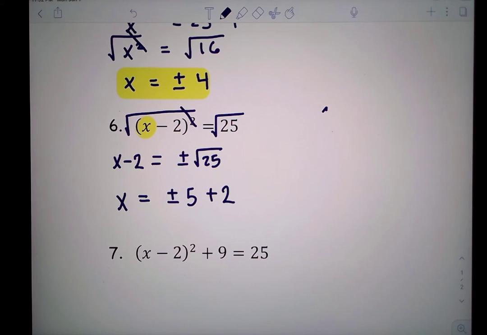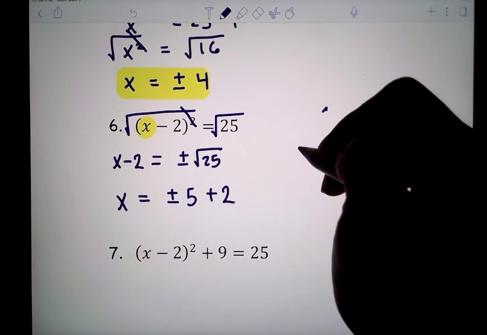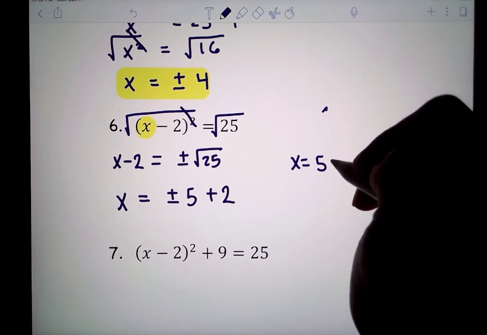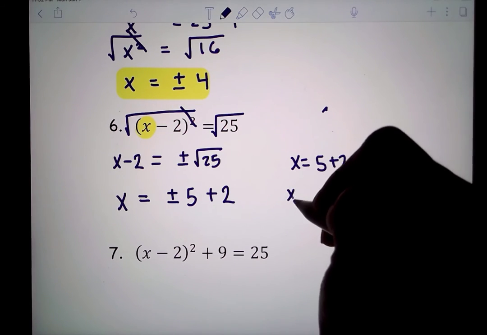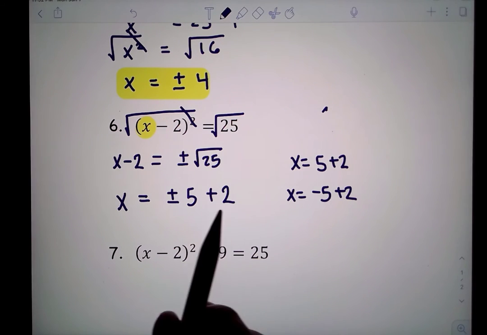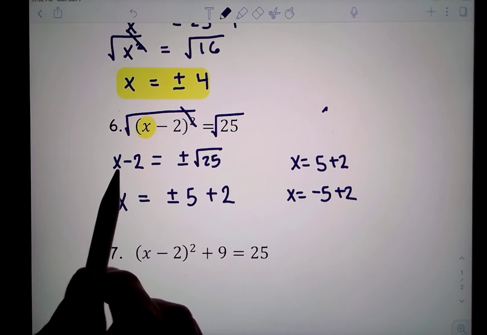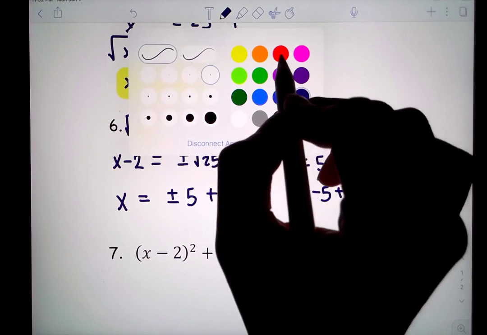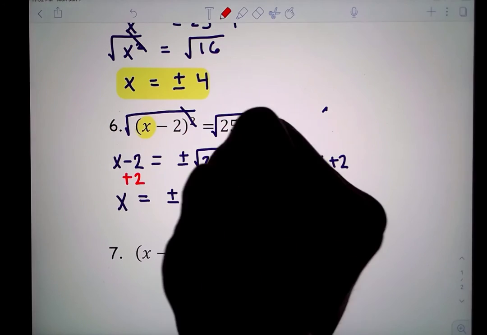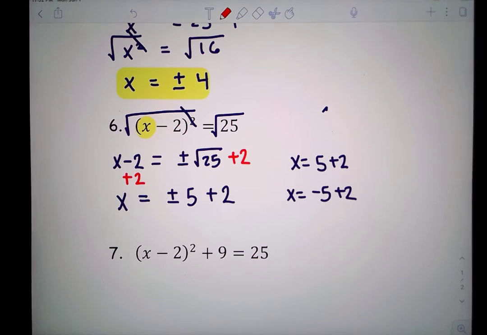But this one, you need to write 2 separate number, right? So I'm going to split it. X equals 5 plus 2. X equals negative 5 plus 2, like this. You don't change this plus 2. That's just plus 2. Look, I cancel this by adding 2, right?